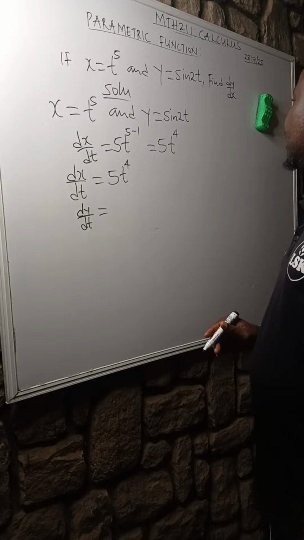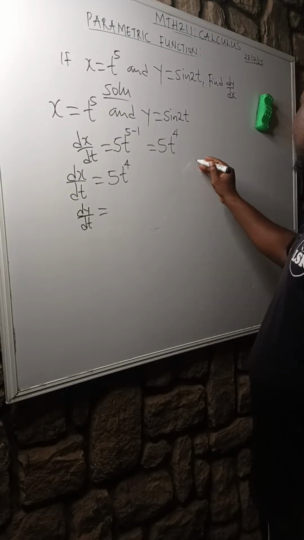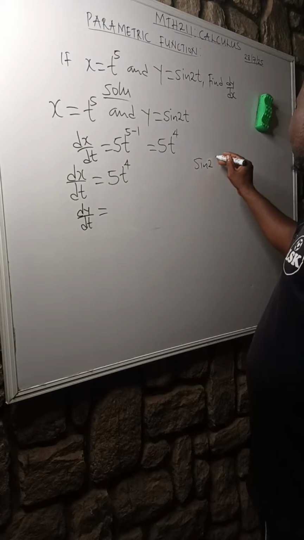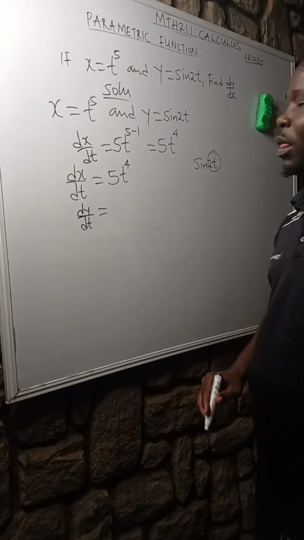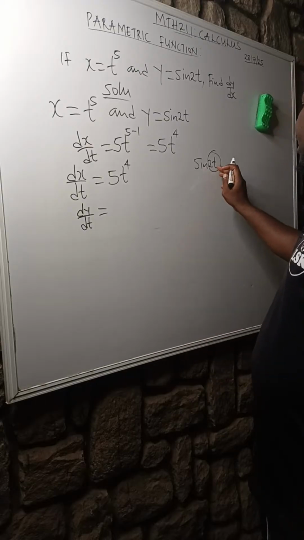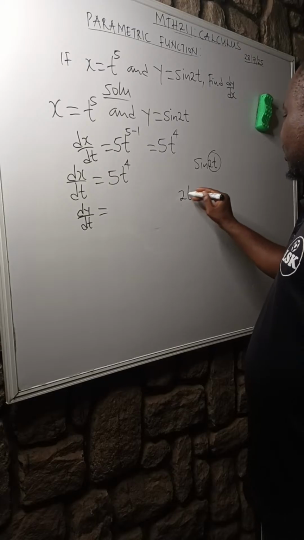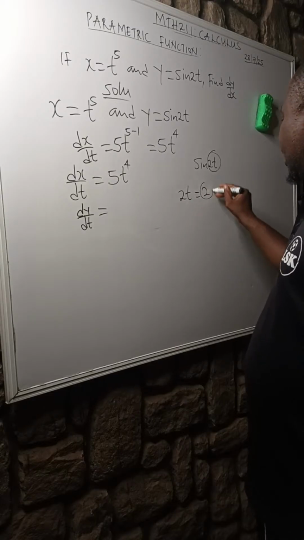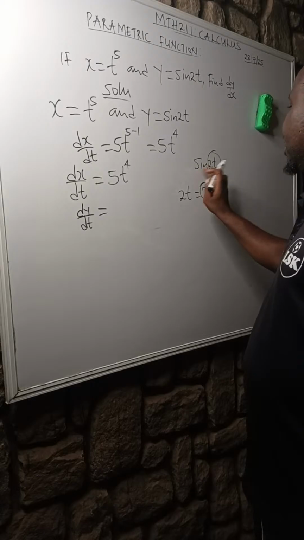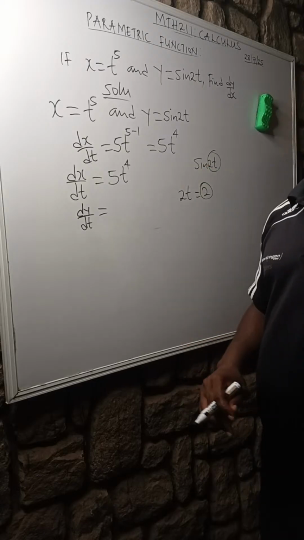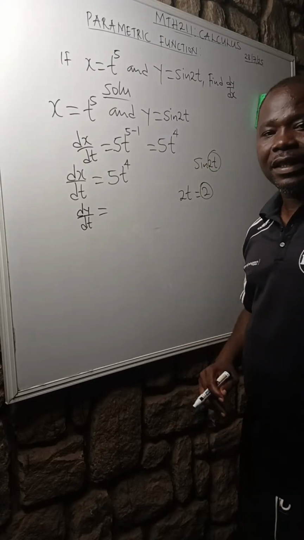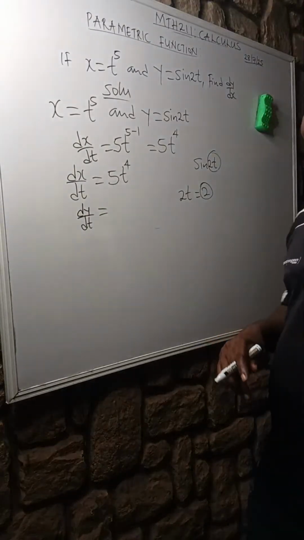So if we are to differentiate sine 2t, if I were you, just consider what is here, 2t. If you differentiate 2t, you will have 2, right? Use this 2 to multiply. When you differentiate sine t, you are going to have cos t, true or false.